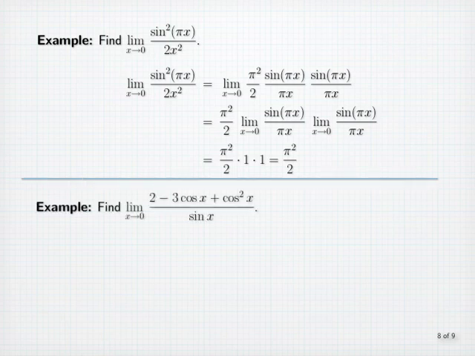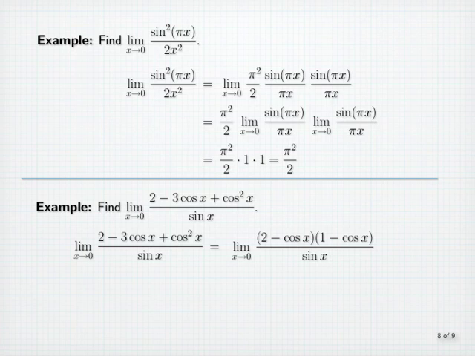Another example. Find the limit as x goes to 0 of (2 minus 3 cosine x plus cosine squared x), all divided by sine x. Again, this is a 0 divided by 0 type limit. We can factor the numerator here, fortunately, and get (2 minus cosine x) times (1 minus cosine x) divided by sine x. Next, we'll rewrite that fraction as (2 minus cosine x) times (1 minus cosine x) over x times x over sine x.